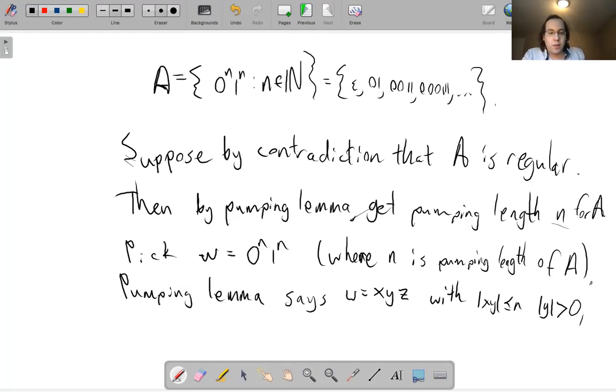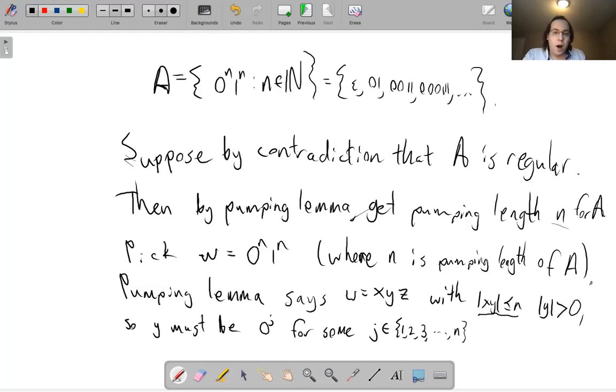Because of this property that x, y is at most n, we know that y must be all 0s. So y must be 0 to the j for some j. j can't be 0, since y can't be the empty string, and j can't be longer than n. So y is the string 0 to the j for some j in this range.